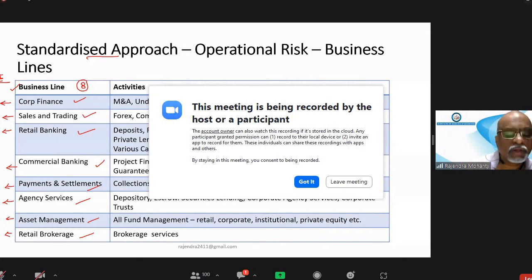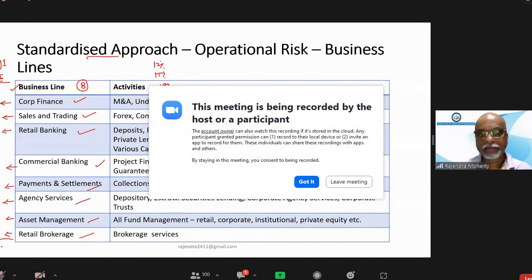When you put all these 8 together, that will be year 1's total, but you have to bifurcate it this way. Out of all these, some business lines have been assigned 12%, some 15%, and some 18%. In the next slide, I will show you.